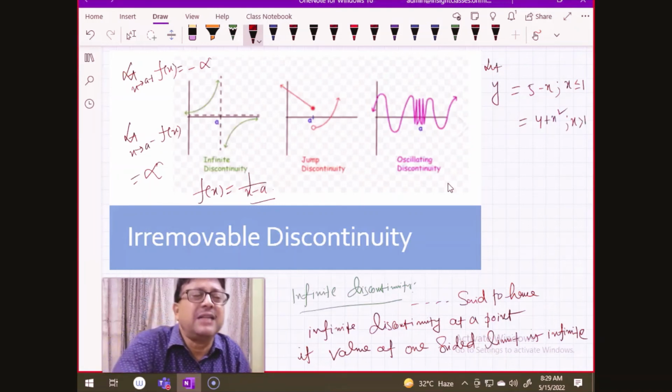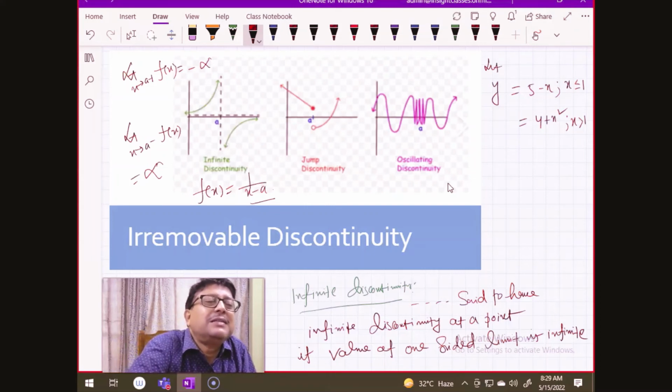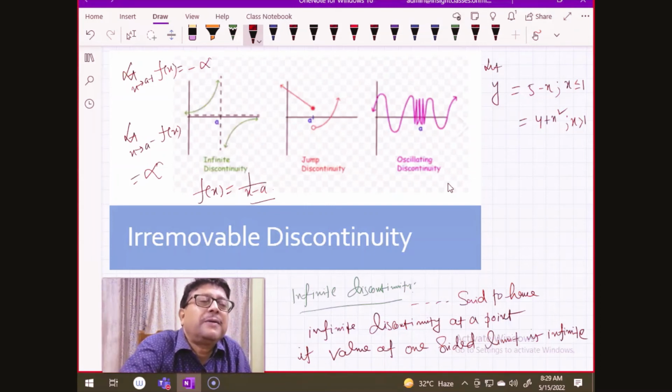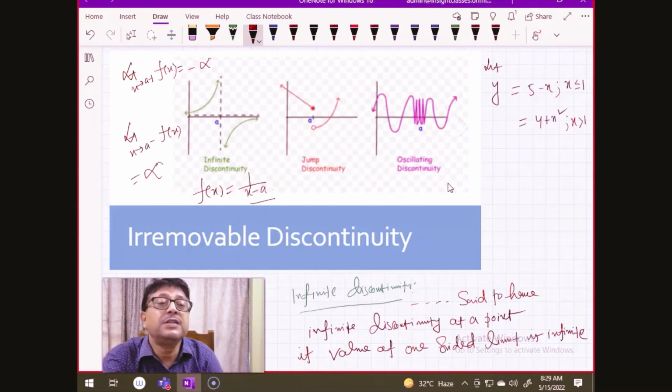It's not exactly that. Imagine that. So y equal to 4 plus x square. This one is said to have jump discontinuity.